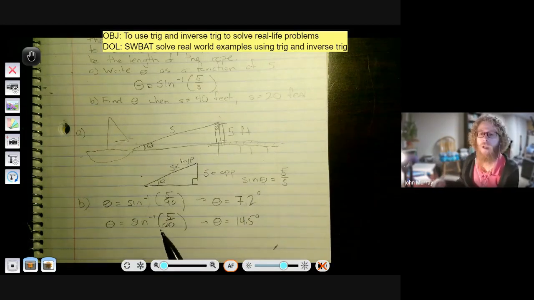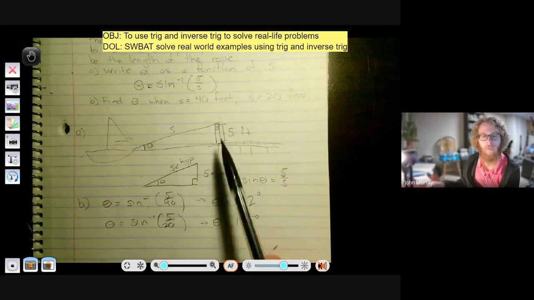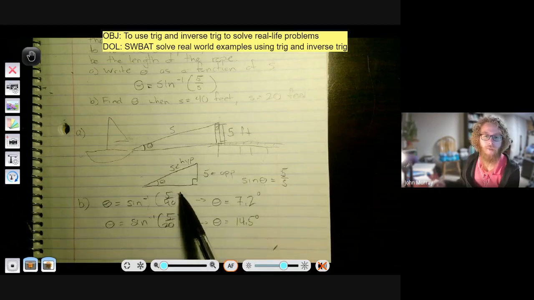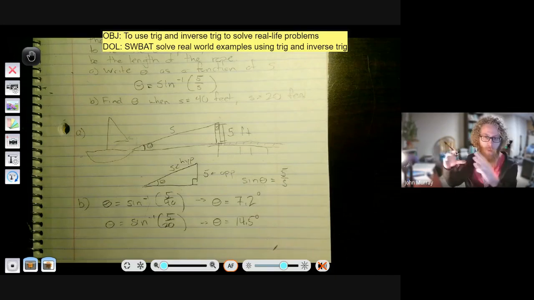My angle might not change. So if I was dealing with the cosine, we'd have a different story. The issue here is that this 5 stays 5. If the 5 also decreased with the 20, then the angles would more than likely stay the same, if everything was proportional.